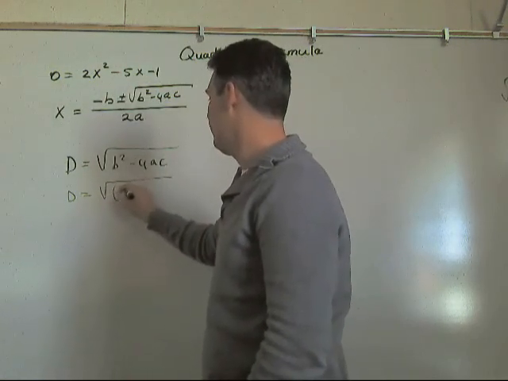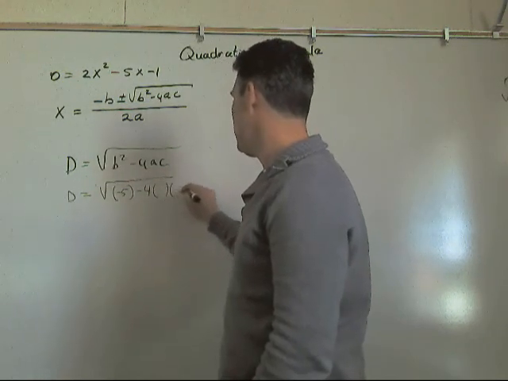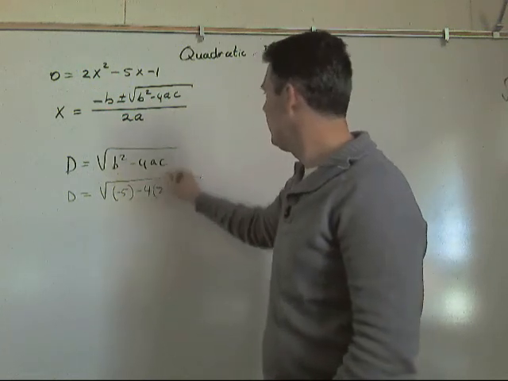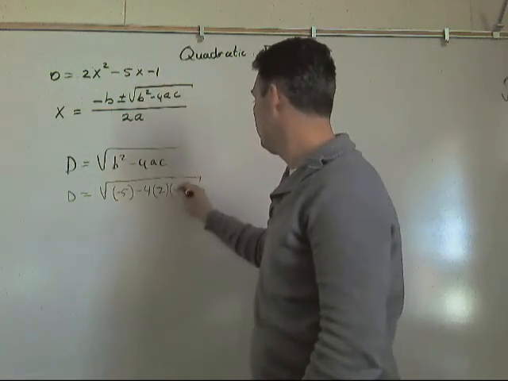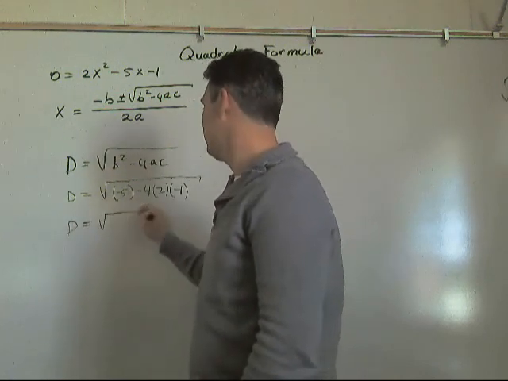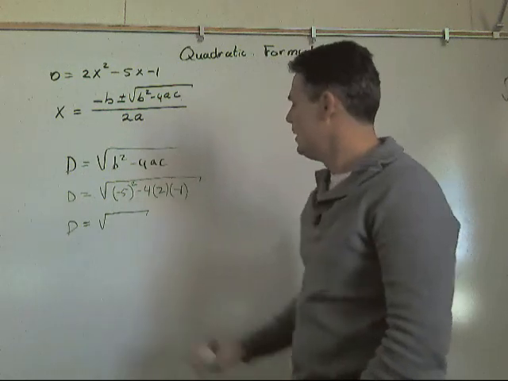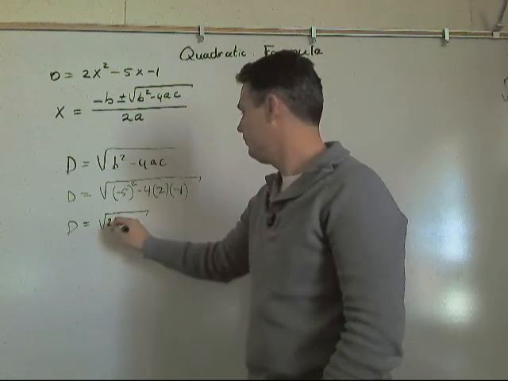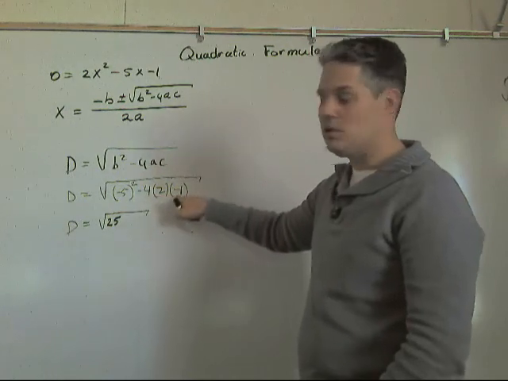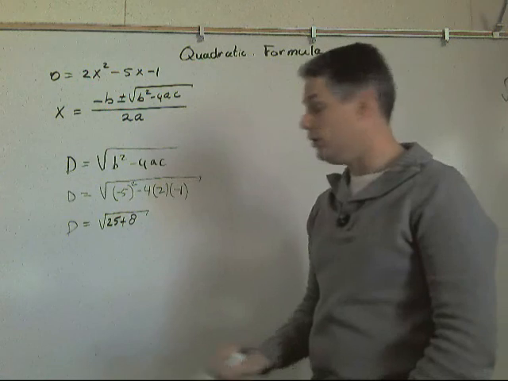So -5 squared minus 4 times a and c. A is 2 and c is -1. So the discriminant here is going to be the square root of, oops, I forgot the square here, -5 squared, 25, minus 8, so -8 times the -1, so plus 8. So that's the square root of 33.